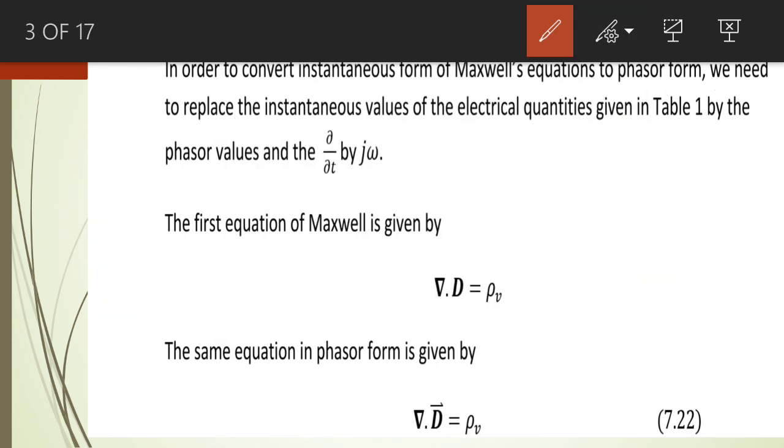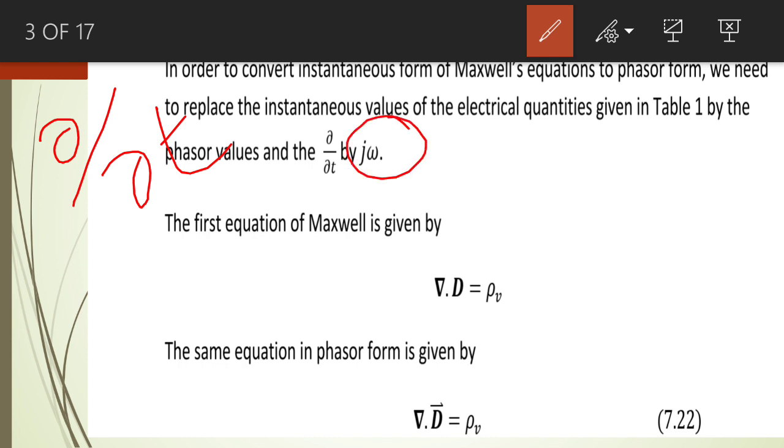In step number 2, we need to replace ∂/∂t by jω. So if we have ∂/∂t, we need to replace this ∂/∂t by jω.